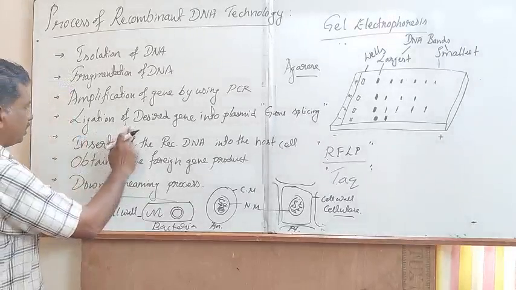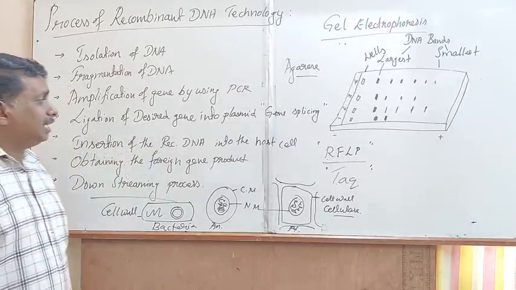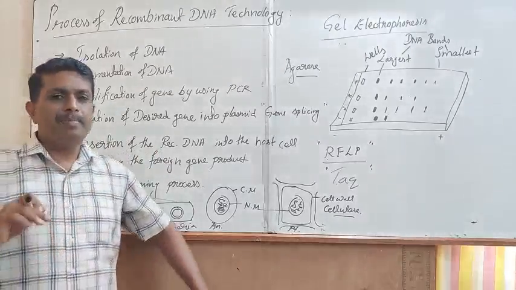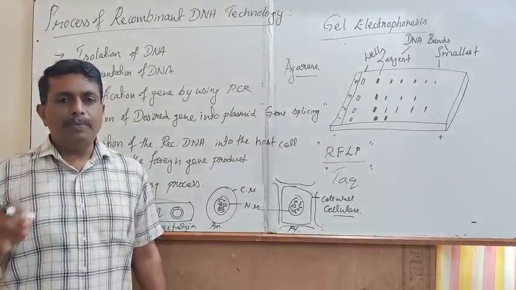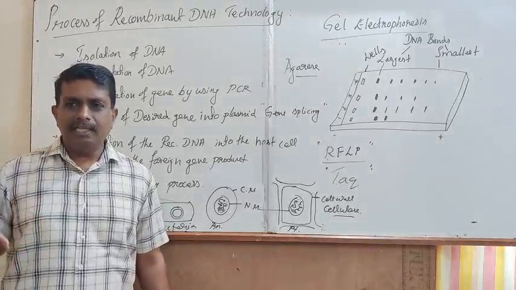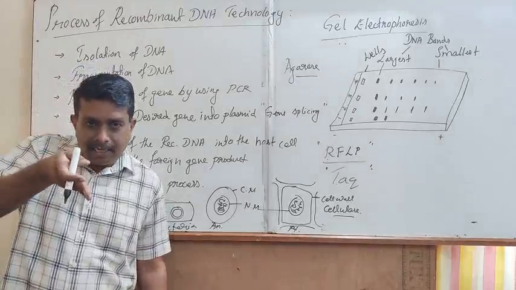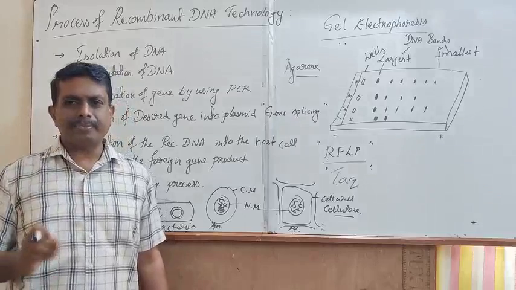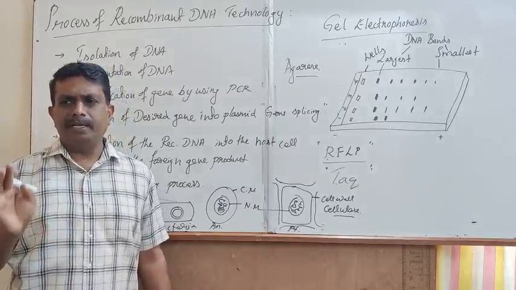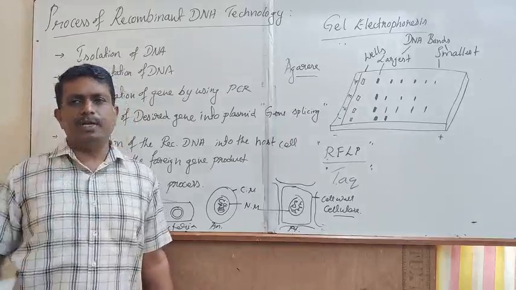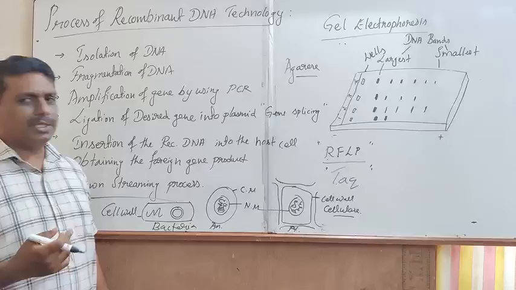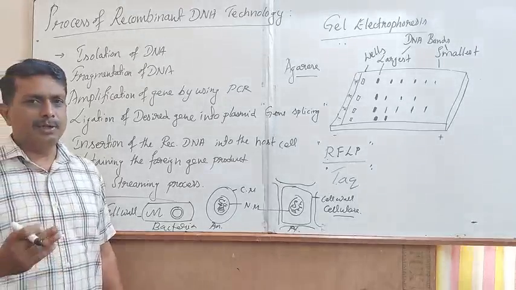The fourth important step is the ligation of the desired gene into the plasmid. The obtained foreign DNA, the desirable gene, is inserted into the plasmid, introduced into the vector to produce recombinant DNA.